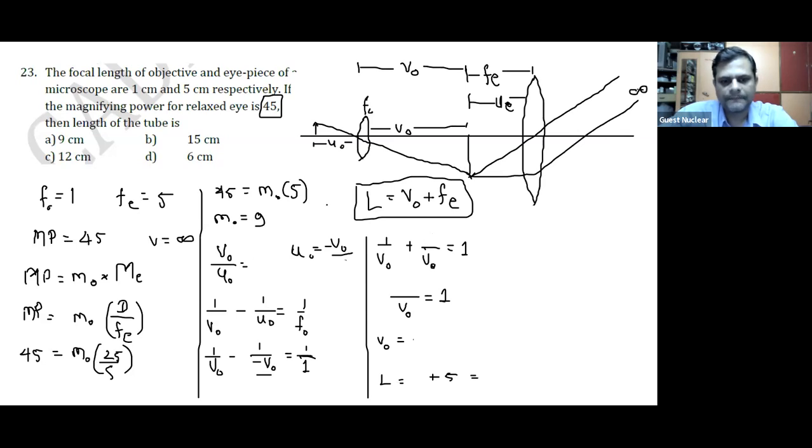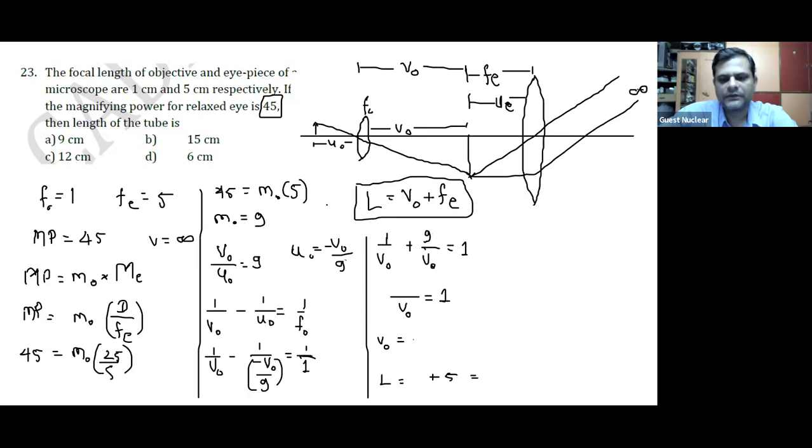So it should be, magnification will be 9 actually. So UO will be minus VO upon 9. So that we can just get this minus VO upon 9 replaced here. So that in the next step it will become 9 by VO.